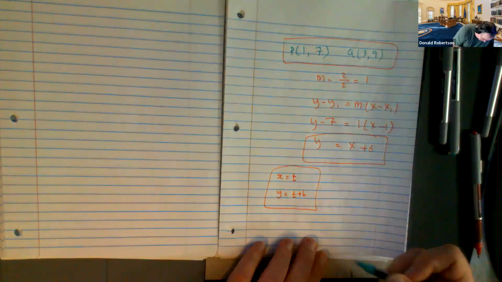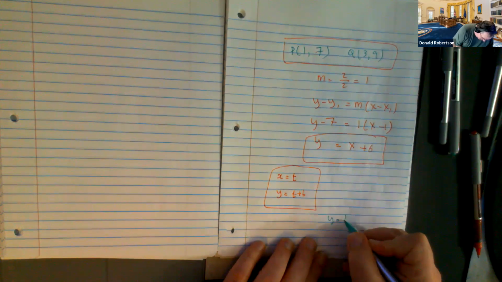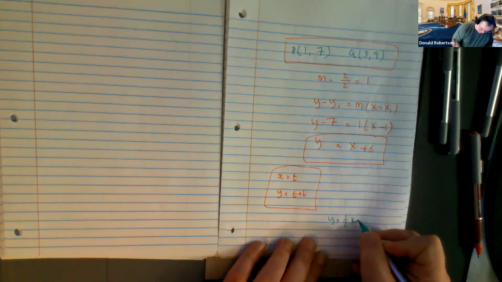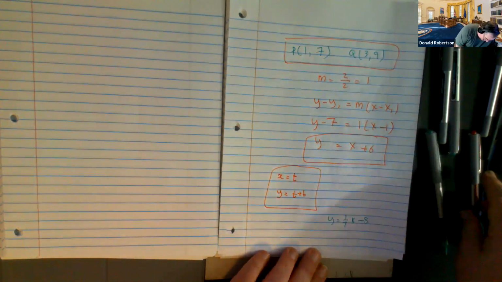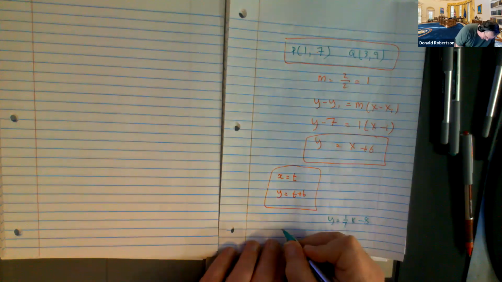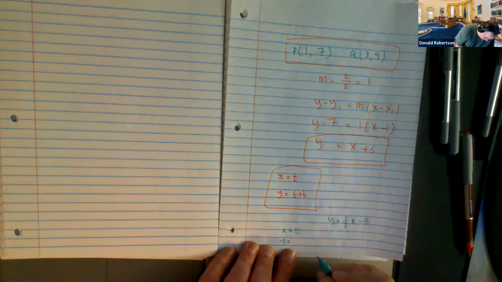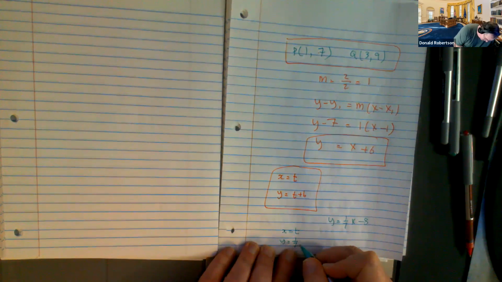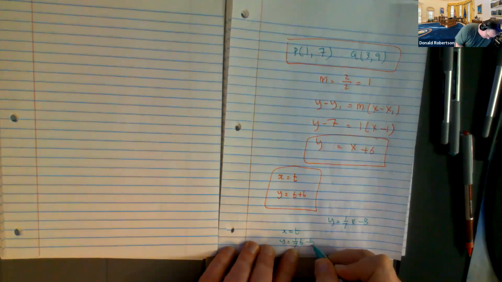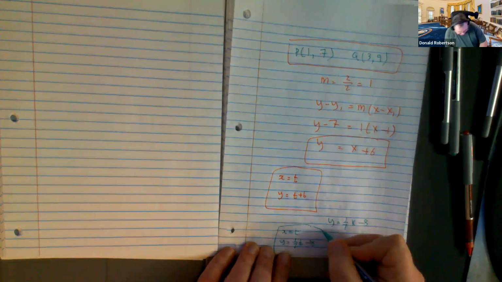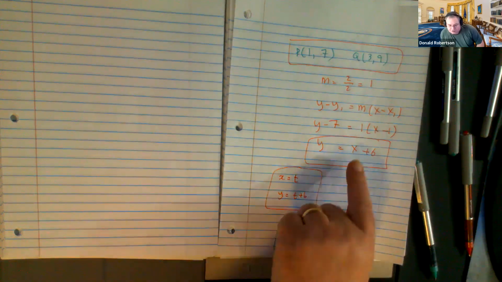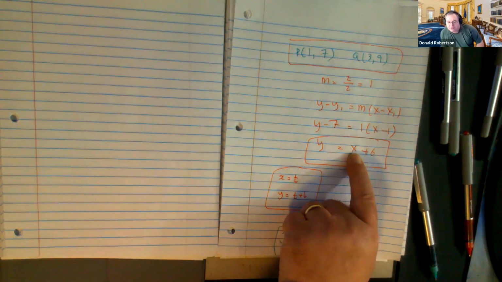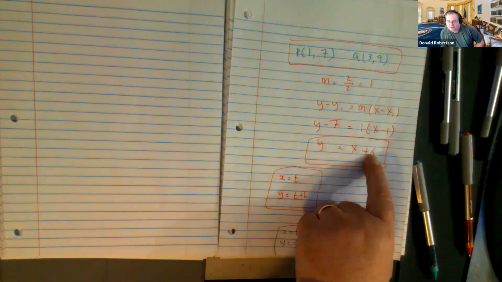If your straight line was 1/7 x take away 8, your parametric would be make x equal t and make y equals 1/7 t take away 8. And you might say, well, why is that working? If I make x equals t, if you substitute t here, isn't y t plus 6?